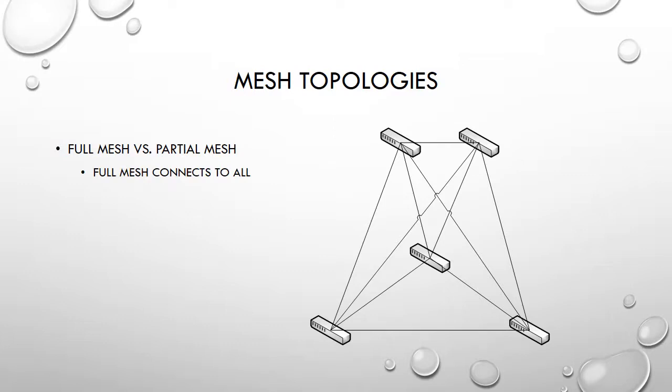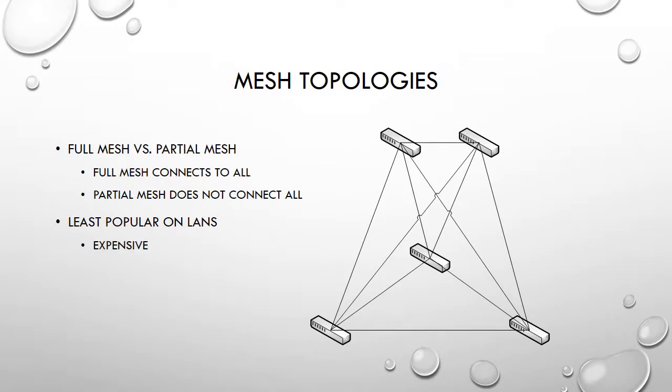Now, if one of these devices did not connect to everything, then it would be a partial mesh. Mesh topologies are least popular on business LANs, and this is because they're expensive. And additionally, with all the extra cabling, they're difficult to maintain.